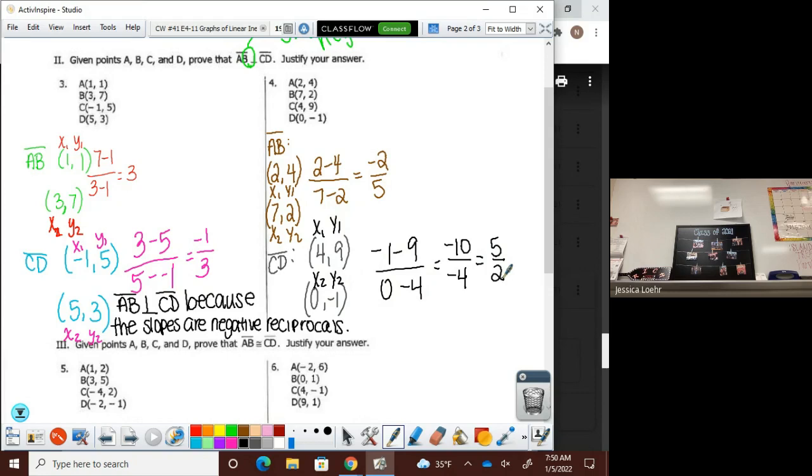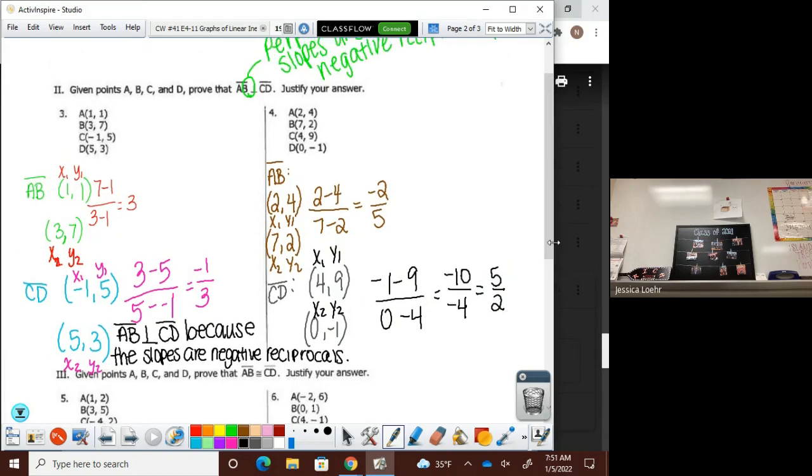All right, so the slope for AB was -2/5, and then the slope for CD was 5/2. Again, if you just plug this into your calculator, it will give you 5/2. If you do it piece by piece, you're going to have to simplify -10/-4, which simplifies to +5/2, because these are both negative.